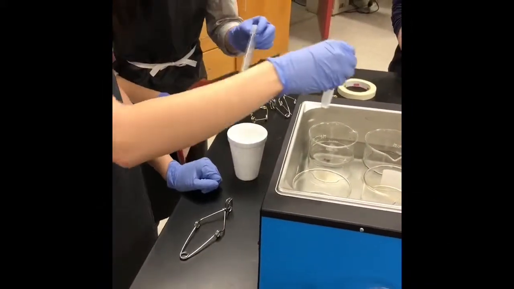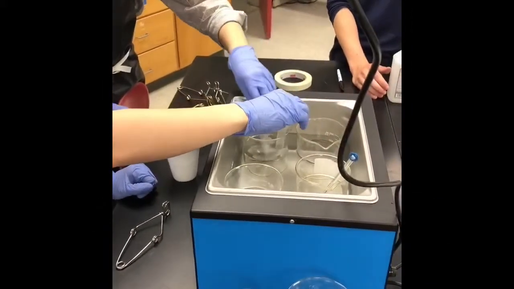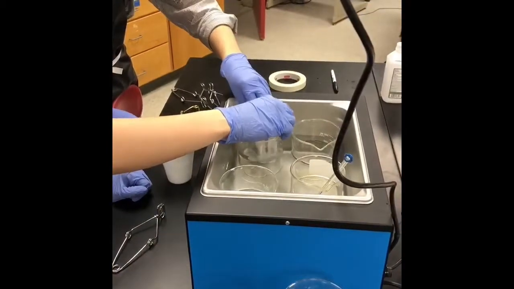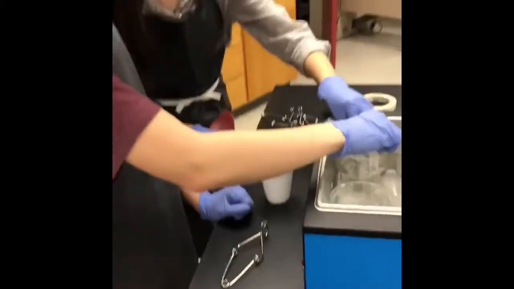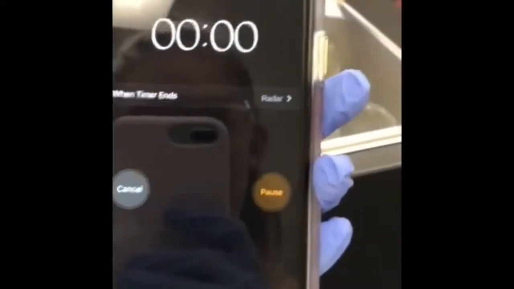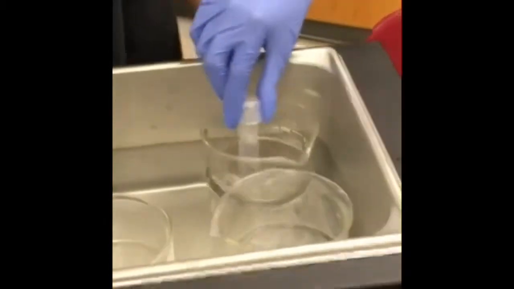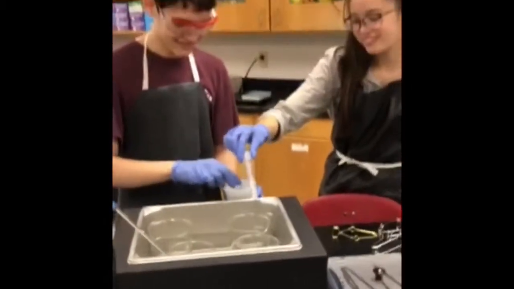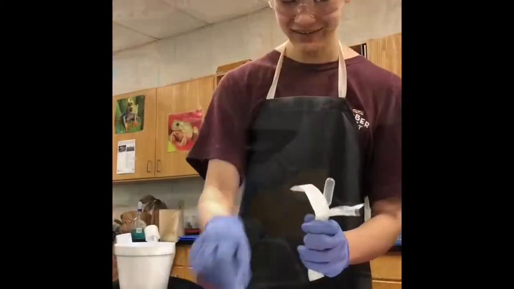Heat shock the cells by transferring the cells directly from ice to a 42 degrees Celsius hot water bath for 90 seconds with constant agitation. Return the tubes to ice for at least 1 minute.